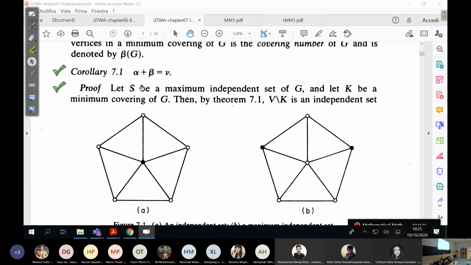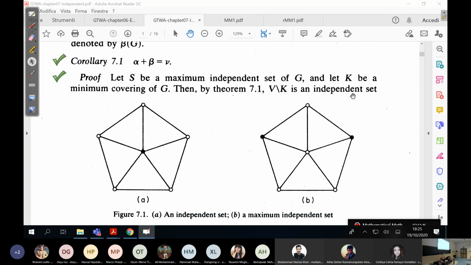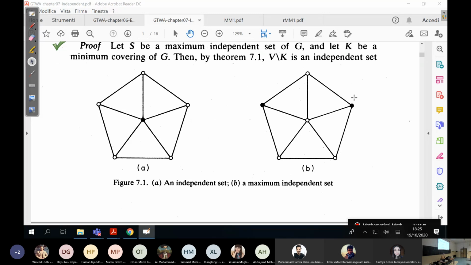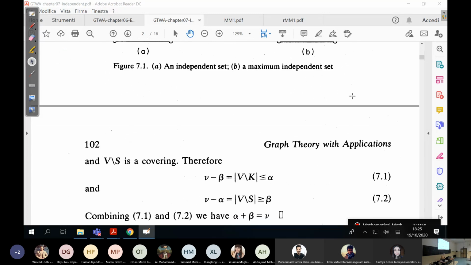Let's see. Pick a maximum independent set S of G and let K be a minimum covering. Then V minus K, the complement of this minimum covering, is an independent set, okay? And the complement of S is a covering, okay?